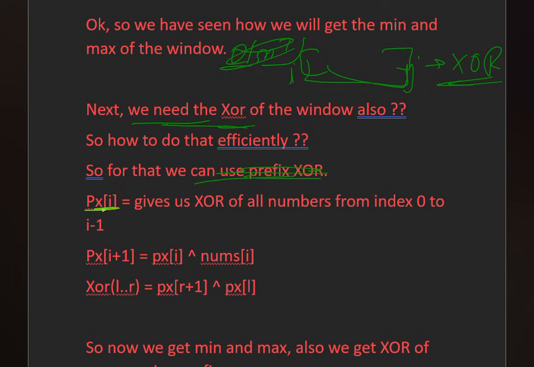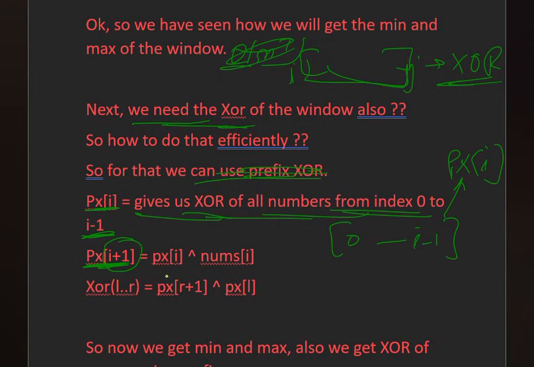Let's say we have px of i, that is prefix at index i. It will give us the XOR of all numbers from 0 to i minus 1. That is, we'll store the XOR of all numbers from 0 to i minus 1 at px of i, and then the XOR of all numbers up to i plus 1 is equal to the XOR stored at i and nums of i.